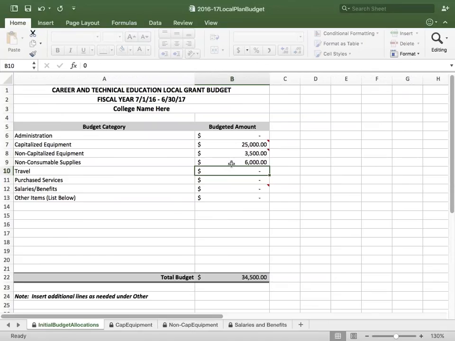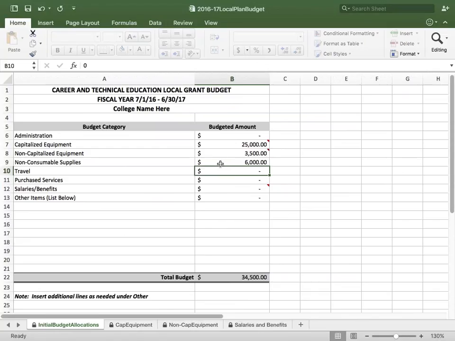But after that 3-year period, just like all of your other programs have a budget under state funds, consumable supplies typically need to be moved over to state funds after the program's been around for 3 years and is generating FTE. Yeah, that three-year window is pretty much standard across the board for these things.